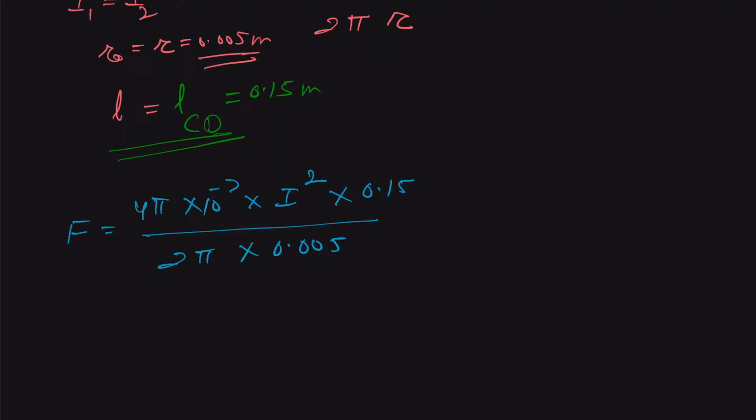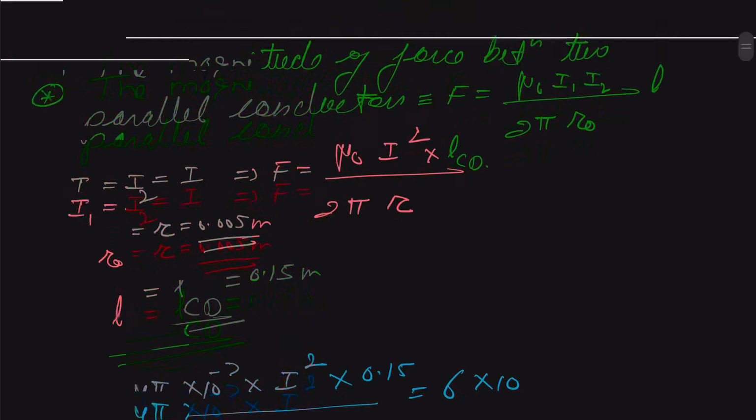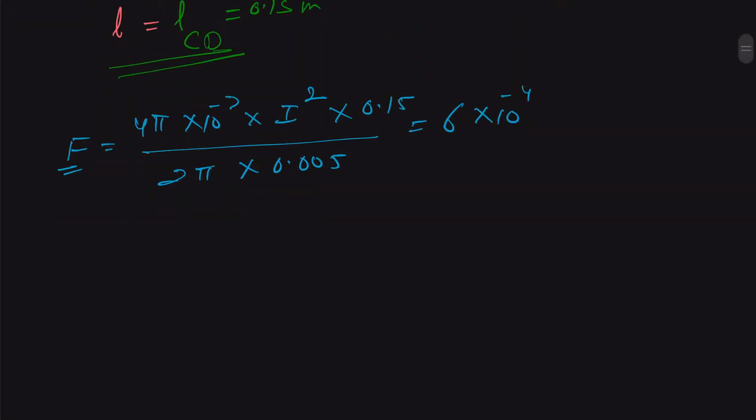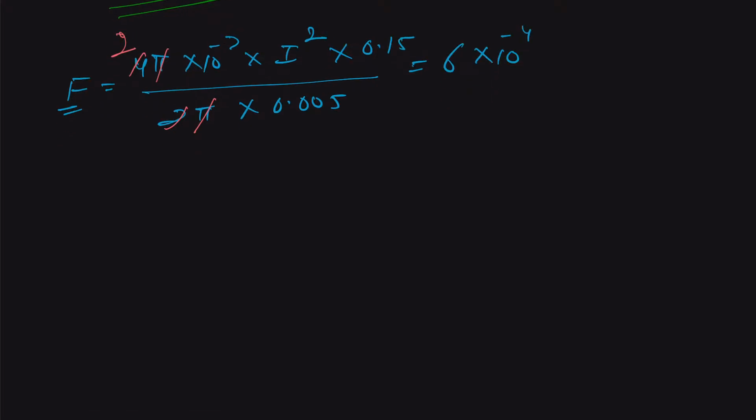And the value of force we already know is 6 into 10 to the power minus 4. So here we see pi, this 2 goes away, and I square. Okay, so we can just sort it out.